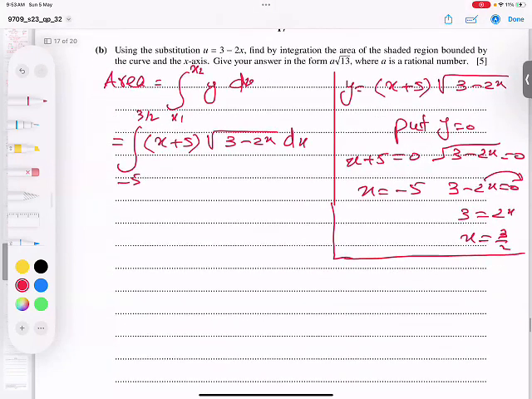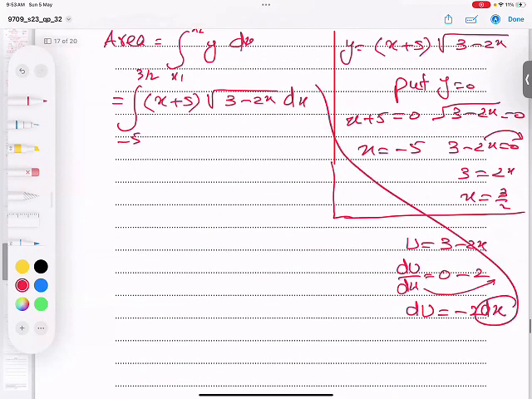Okay, students, the next plan is to use substitution. He has given us u is equal to 3 minus 2x. I will differentiate, so du over dx: the differentiation of 3 becomes 0, and here it becomes -2. It multiplies there, so du is equal to -2 dx. But I have to make dx the subject, so this -2 goes down.